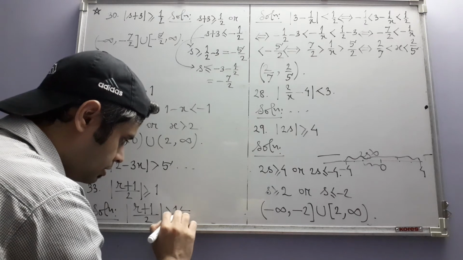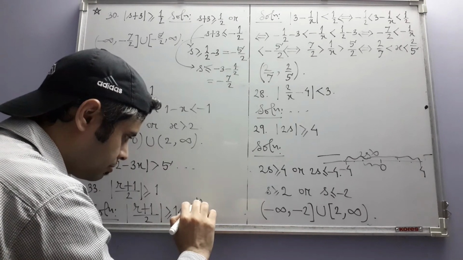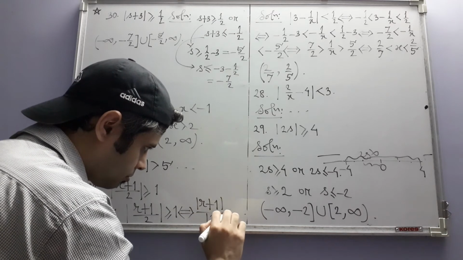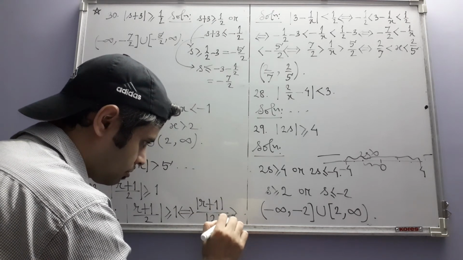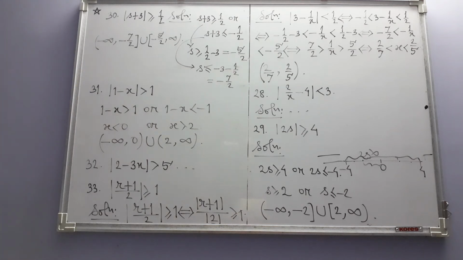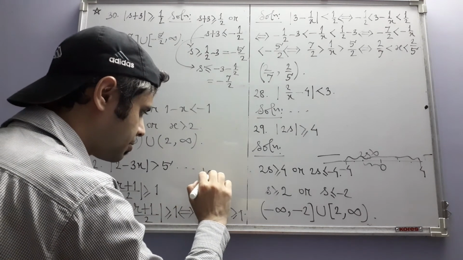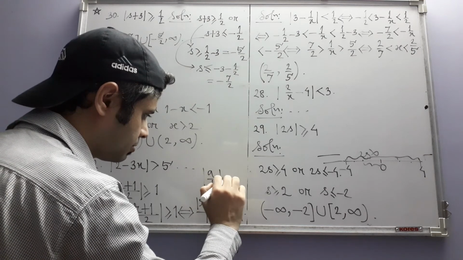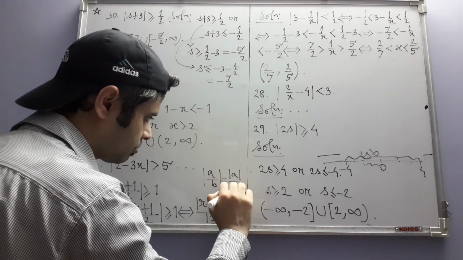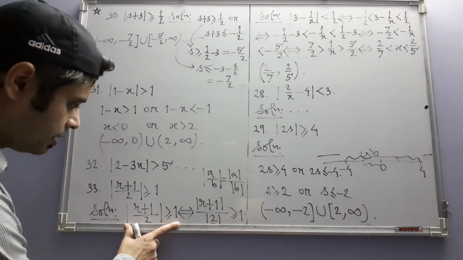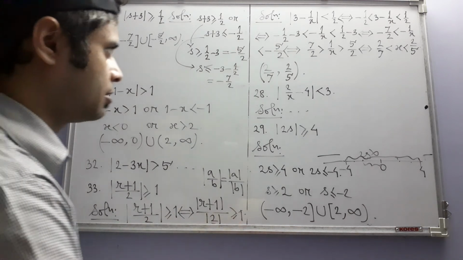Note that this is equivalent to this. What have we done here? Here we have used this property of absolute values. So this inequality is equivalent to this one.